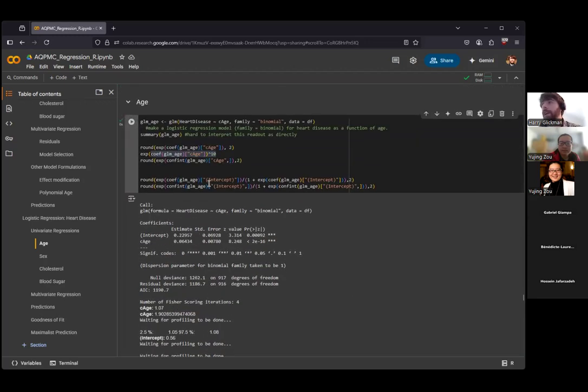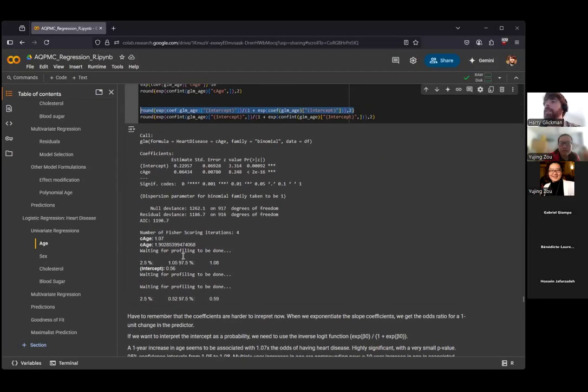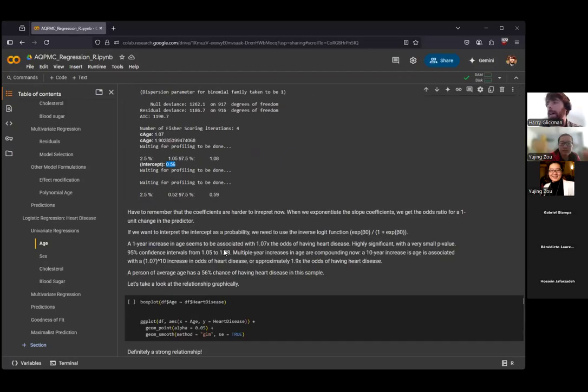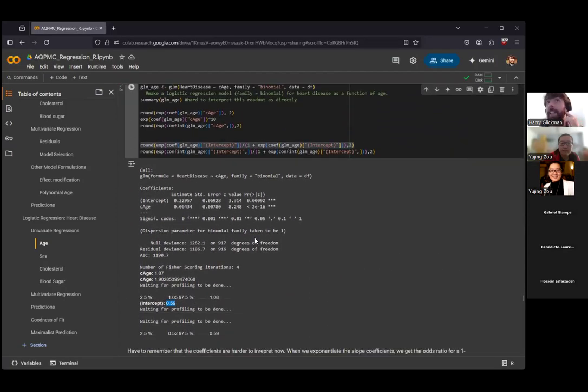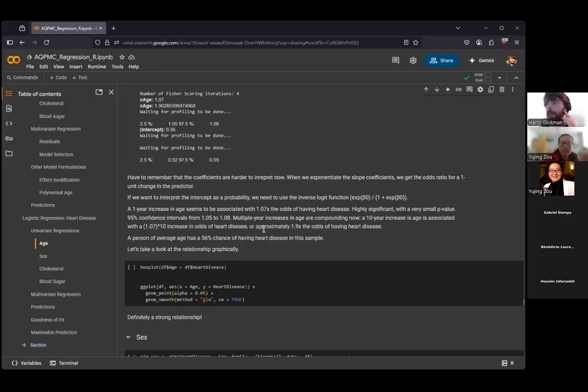And we can interpret our intercept as well. You have to do this weird transformation to get back to the probability. But we're saying that somebody of average age in this data set has a 56% chance of having heart disease. That seems high, but it's just because this data set has a lot of people with heart disease in it. So this is a highly significant estimate, highly clinically significant as well, and with a really small p-value.